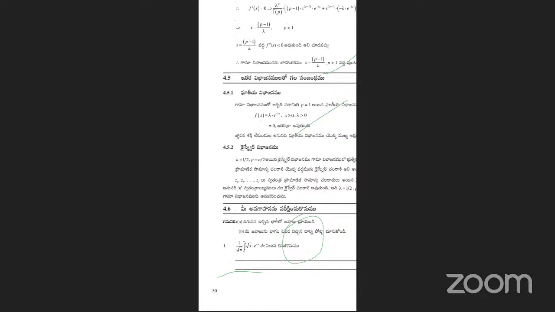Mean and variance are equal, when? Mean is p by lambda. Variance is p by lambda square.